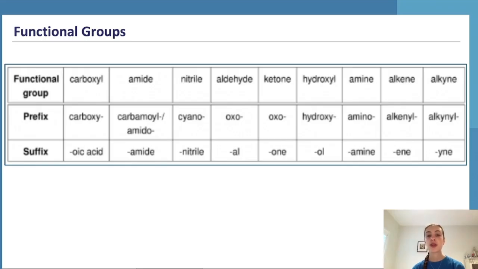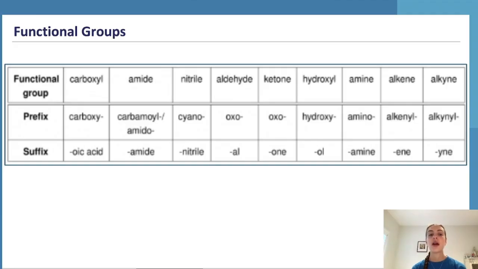For the hydroxyl functional groups, so for alcohol molecules, we're typically using the suffix of -ol. However, there's lots of complex alcohol molecules, and so the prefix of hydroxy is actually used quite commonly when the hydroxyl group is a lower priority functional group, and that's just because there's lots of very, very complex molecules that have hydroxyl groups in them.